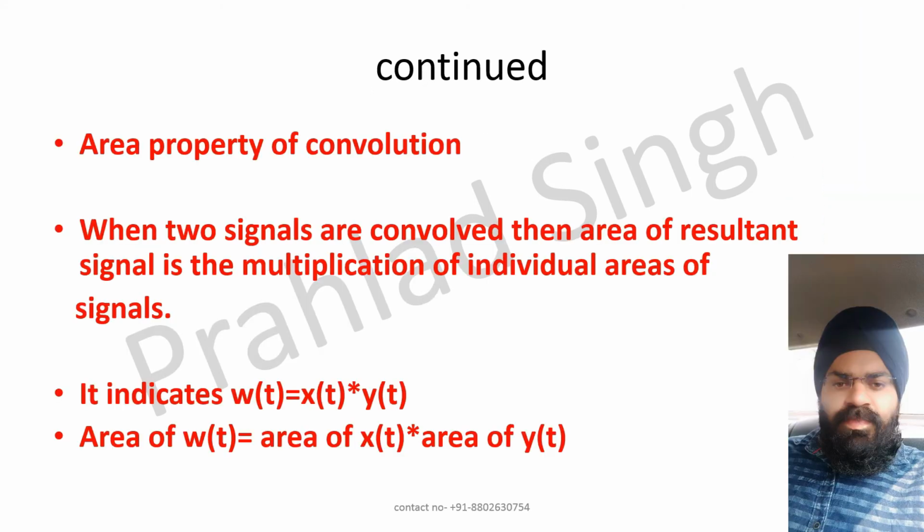So here we will use the area property of convolution. The area property is: when two signals are convolved, then the area of the resultant signal is the multiplication of the individual areas of the signals. It means if w(t) is x(t) convolution with y(t), then according to the area property of convolution, area of w(t) is equal to area of x(t) into area of y(t).